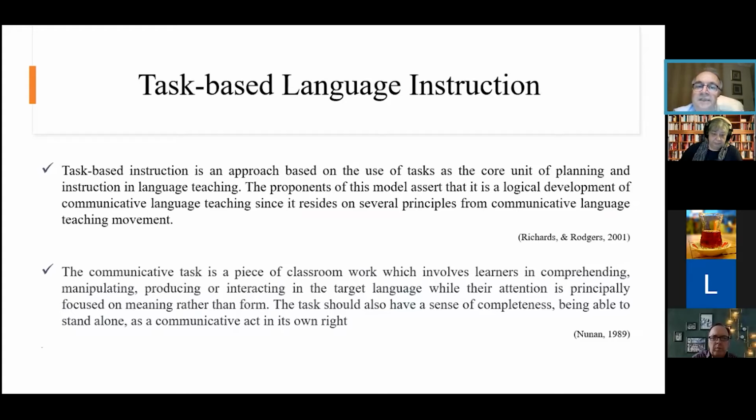The proponents of this model assert that it is a logical development of communicative language teaching. Why? Because there are some common principles. So we should talk about the communicative language teaching movement while using those pedagogical tasks in our actual teaching.